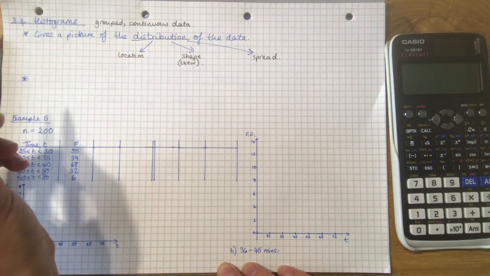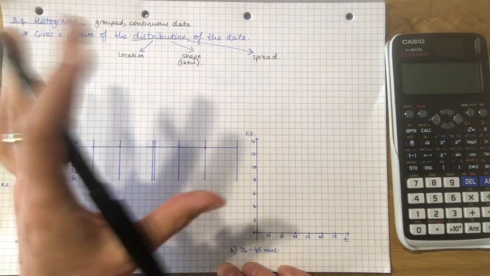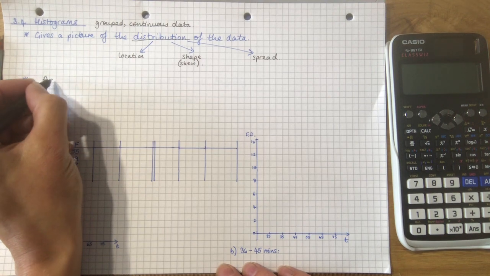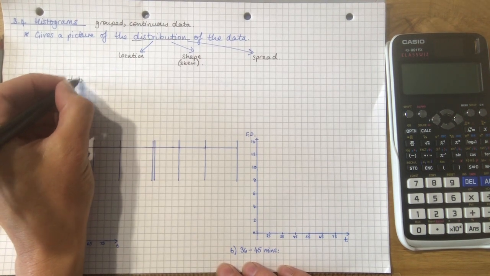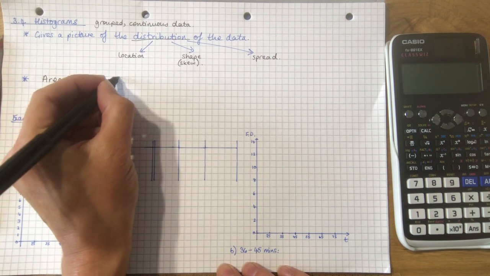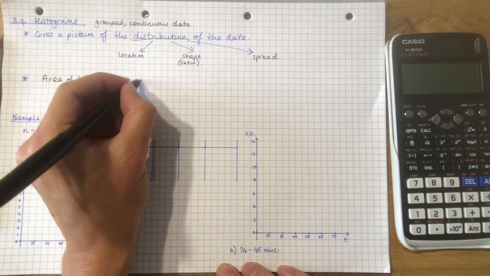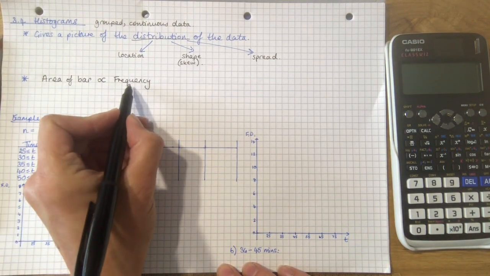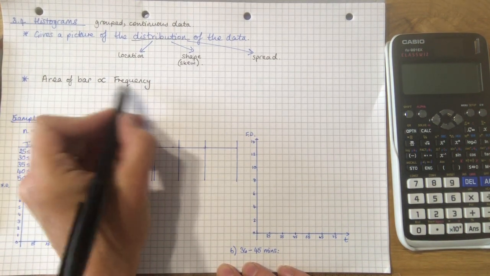We work out how to draw them by a simple idea, and that is that the area of each bar is proportional to the frequency that's associated with that bar. Now at GCSE you learned that the area of the bar is equal to the frequency.